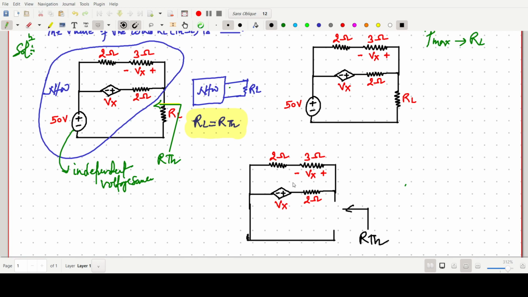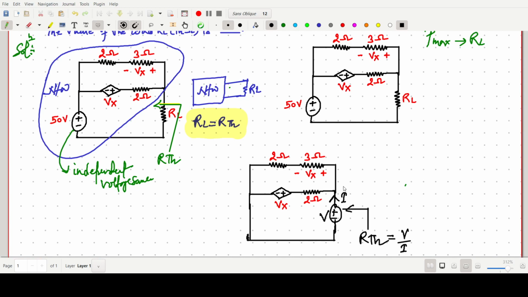But here there is a dependent voltage source, so we have to start with some voltage, say V, and some current flowing like this, I. So RThevenin will be V by I.